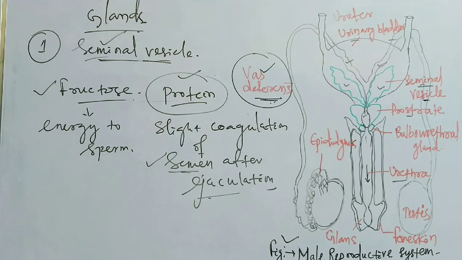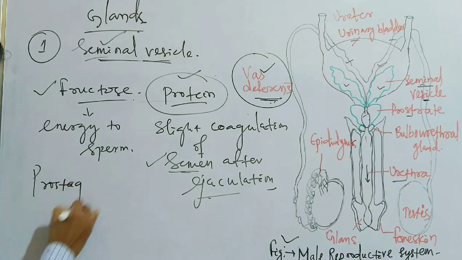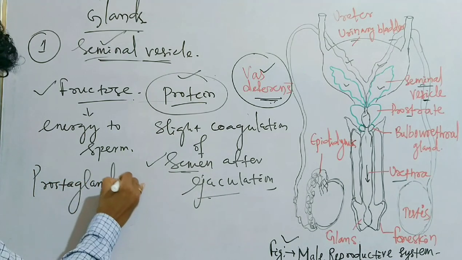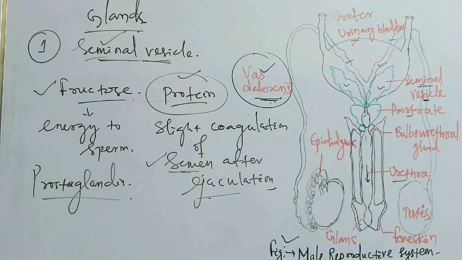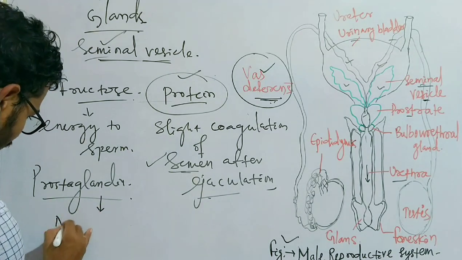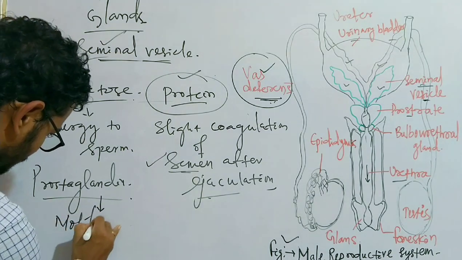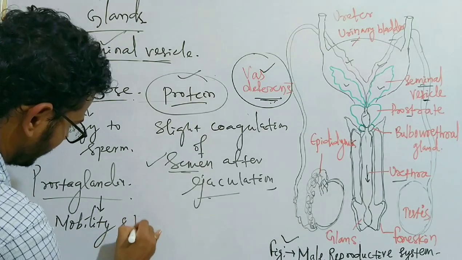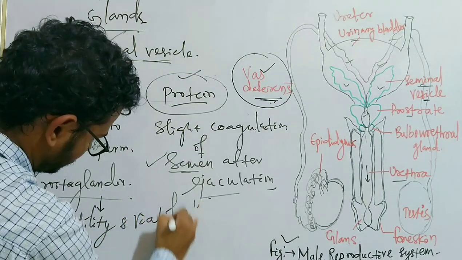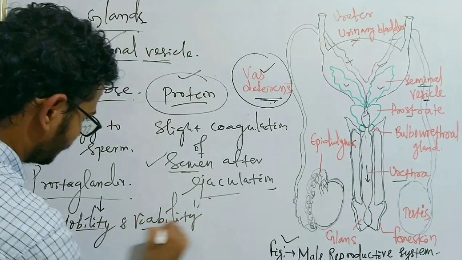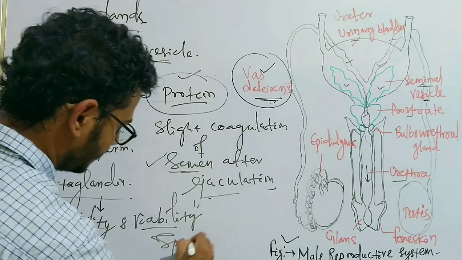Another important constituent I have told you about is the prostaglandin. Prostaglandin is very important because it contributes to the motility and viability of sperm.